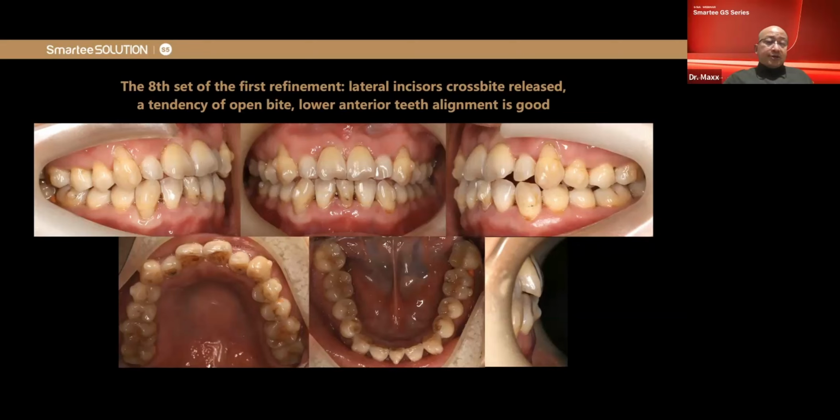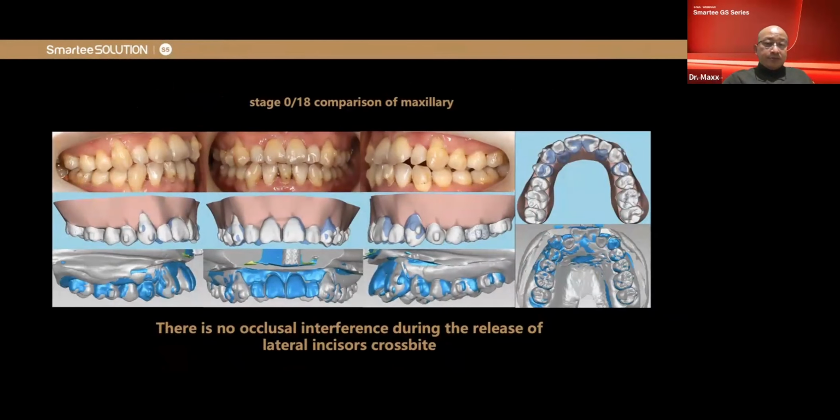At almost the 18th set of the first refinement, the lateral incisor crossbite was released, and it also has a tendency of open bite. The lower anterior teeth alignment is very good. So the lateral incisor went from crossbite to open bite, with no occlusal interference in the release of the crossbite.